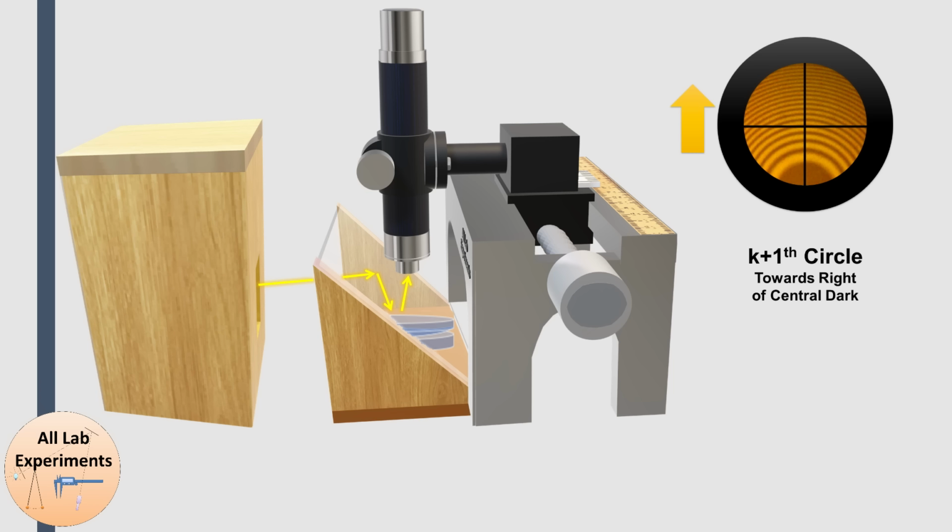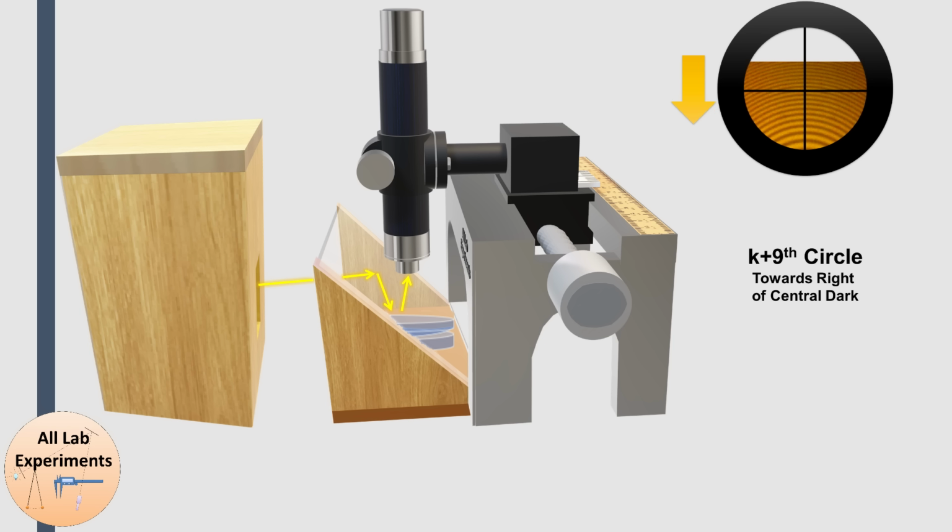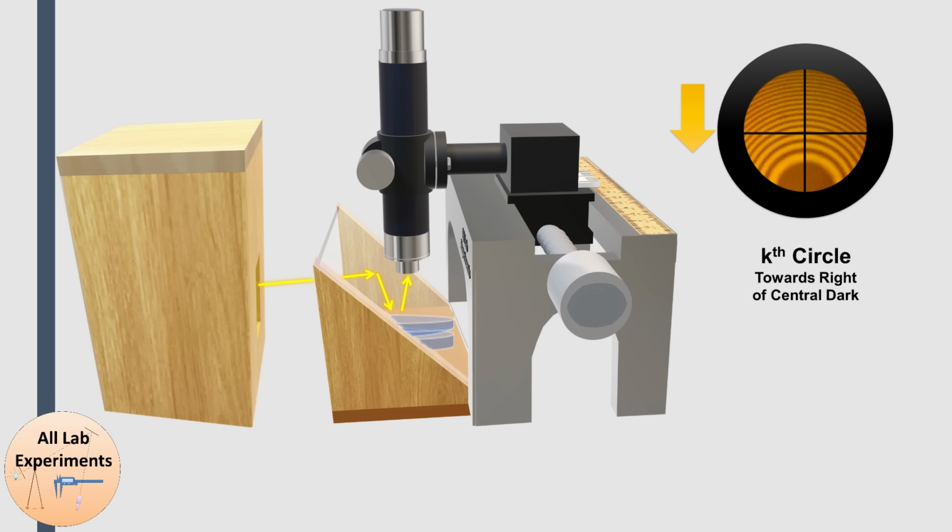Similarly, move to the k plus 10th circle and keep observing the position of each circle. After reaching the k plus 10th circle, now come back towards the central dark. First you will reach the 9th circle. Similarly, in this way, while observing the position of each circle, come back to the kth circle.